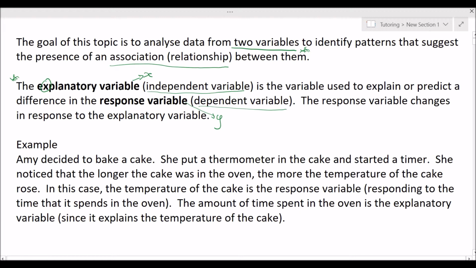And of course, the amount of time spent in the oven is the explanatory variable since it is explaining the temperature of the cake. So hopefully that helps you to understand the difference between explanatory and response variable. It's going to be important as we go through this process, so make sure you stop and reread that example if you need to.